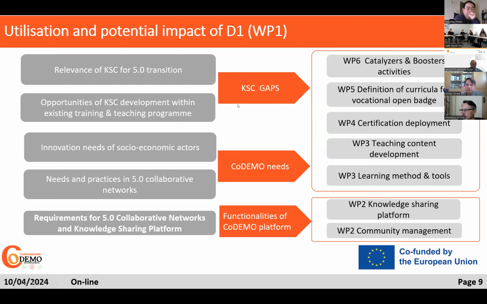Mostly, our outputs are related to work package number 2, work package number 3, work package number 4 in some cases, and of course, work package number 5. And as Fabiana said during the last meeting, of course, work package number 6. I believe that our findings and recommendations can support the implementation of the following work packages of our project.